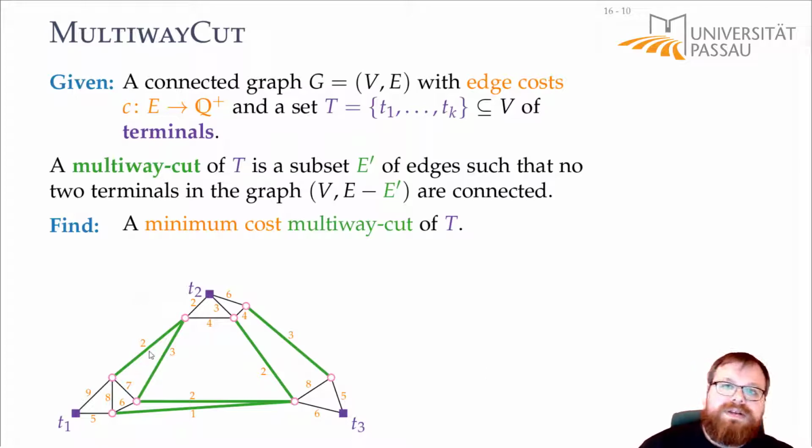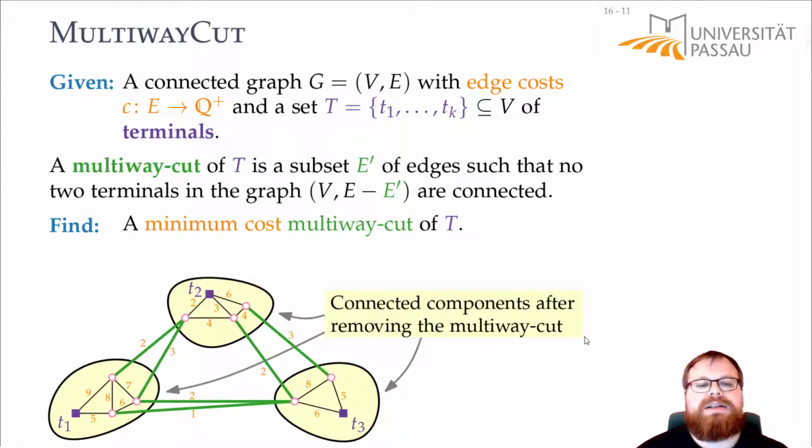If we assume that we take these edges out, then the graph falls into connected components. So we have one connected component per terminal. That's all the vertices that are still reachable from this terminal. How hard this problem is depends a bit on the number of terminals we have. If we have only one terminal, then it's trivial, we don't have to do anything.